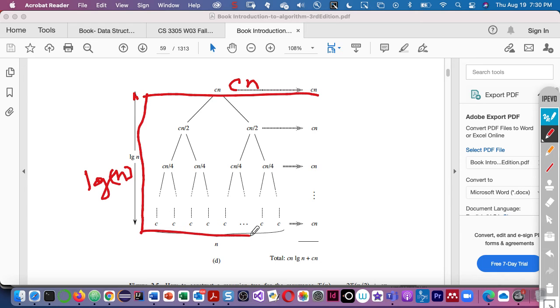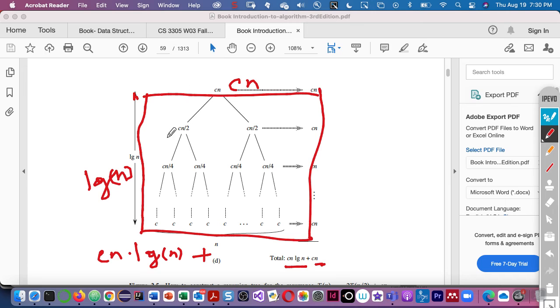so if we make a total rectangle, then we will get cn times log n, plus this part. This part is merging time.